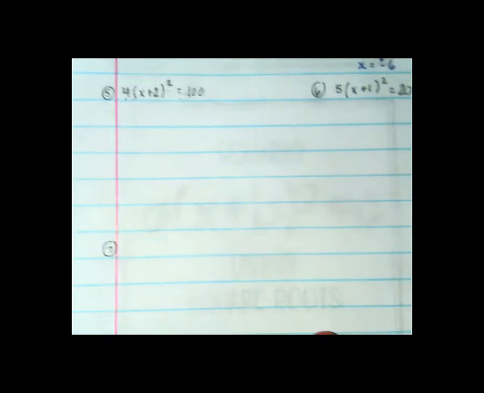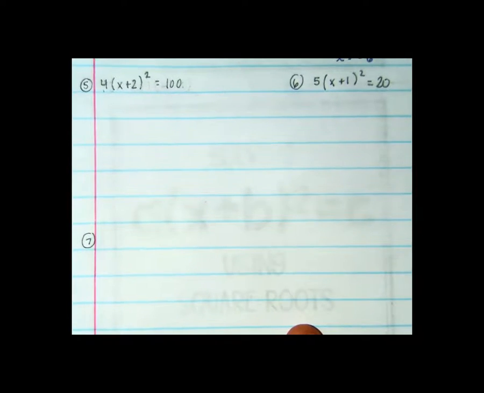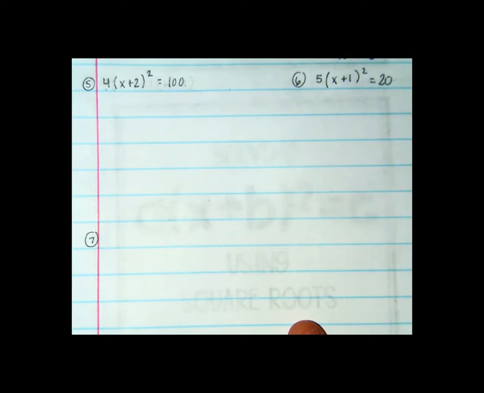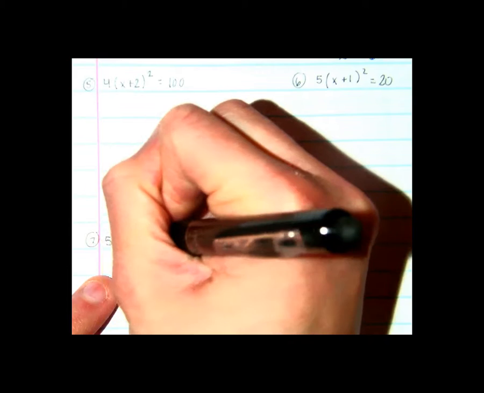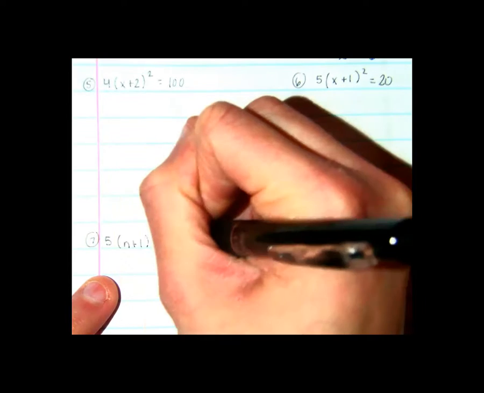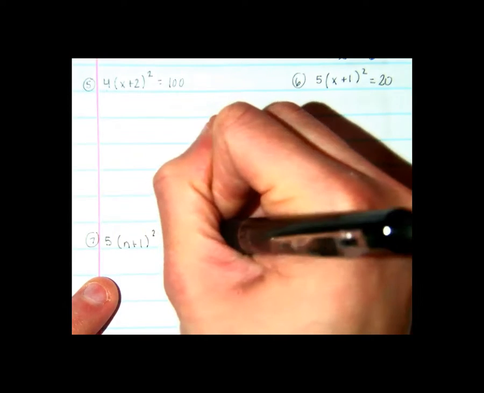I can also zoom out so you can actually see it. And then number 7 is 5 parentheses n plus 1 squared equals 33.